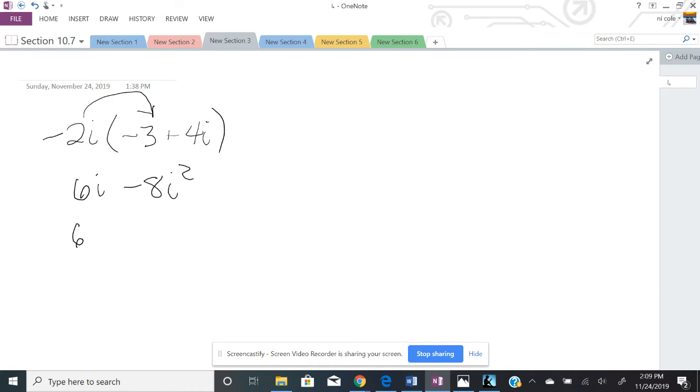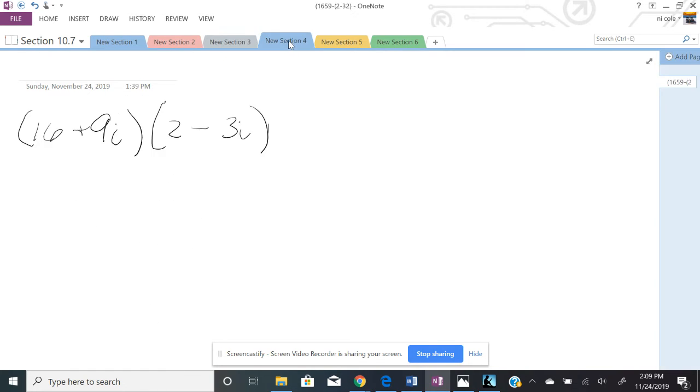So we're going to write it as 6i minus 8 times -1. So you get a negative and a negative, and that makes a positive. So you've got 6i plus 8, or 8 plus 6i. Doesn't matter which way you write them. Typically, we would put the numbers before the i's, but they're both correct.